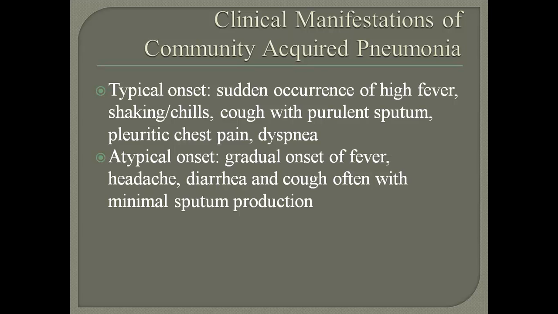So clinical manifestations of community-acquired pneumonia. The unique symptom here really is this sudden high fever followed by a really, really bad chill. Tends to be more common in older people or the very young. Atypical onset then is this gradual fever, headache, diarrhea, and a cough with minimal production.